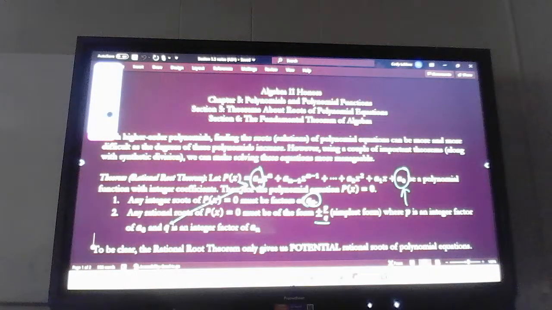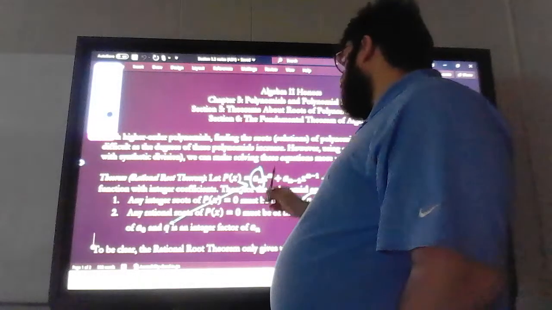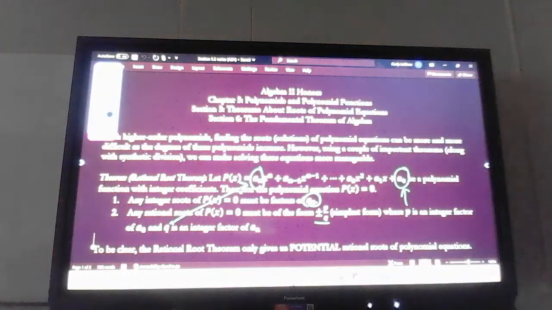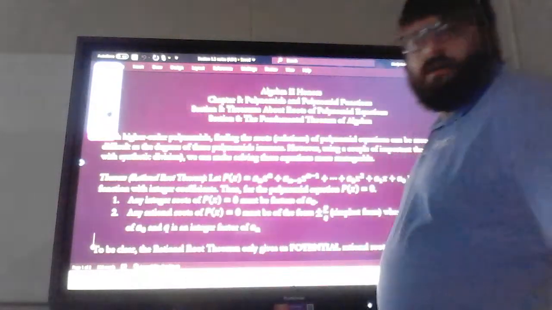Okay, so in other words, if we're trying to find potential rational roots of that polynomial equation, then you start by looking at any combination of factors of my constant term divided by potential factors of my leading coefficient. And there will be a step-by-step process. We'll tackle how to do this with polynomial equations.